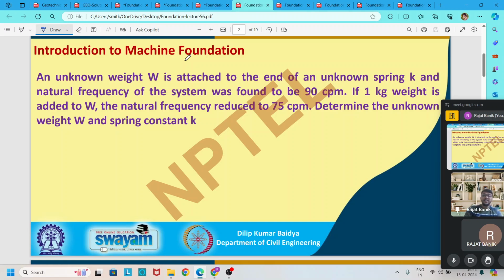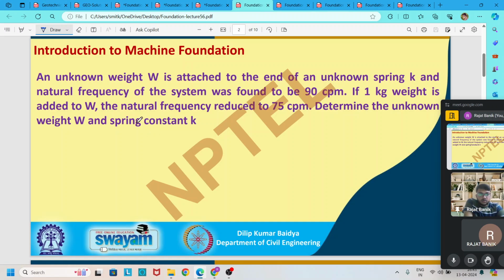If 1 kg is added to W, the natural frequency reduces to 75 CPM. Determine the unknown weight W and spring constant K.